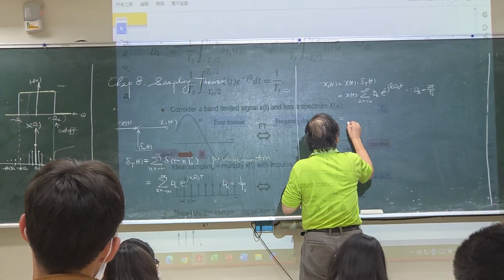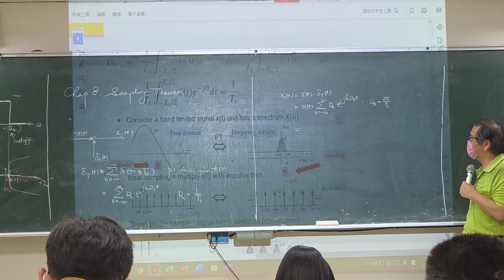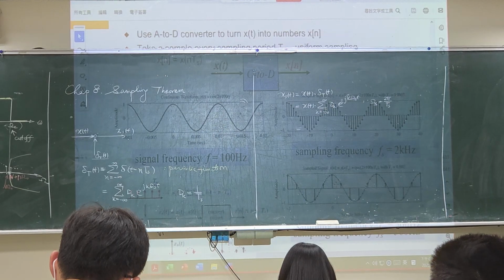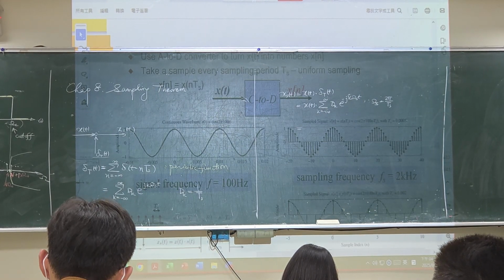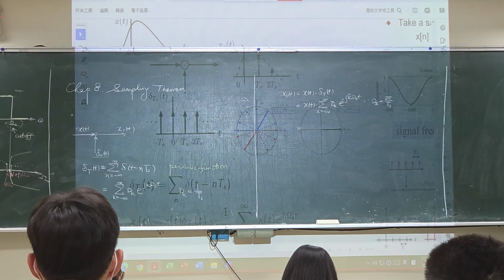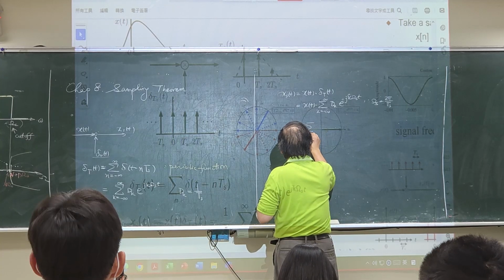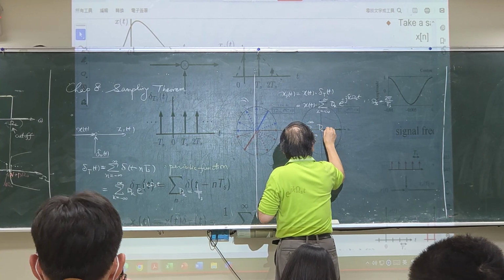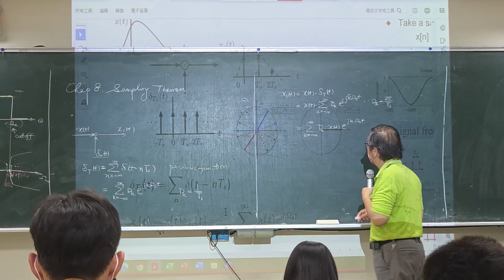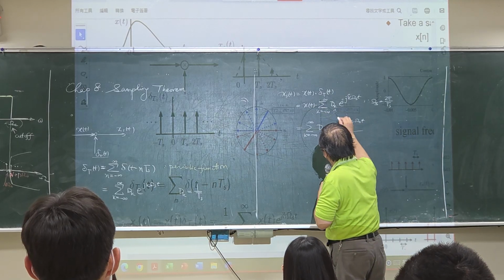Then, okay, we put the x of t into the summation.